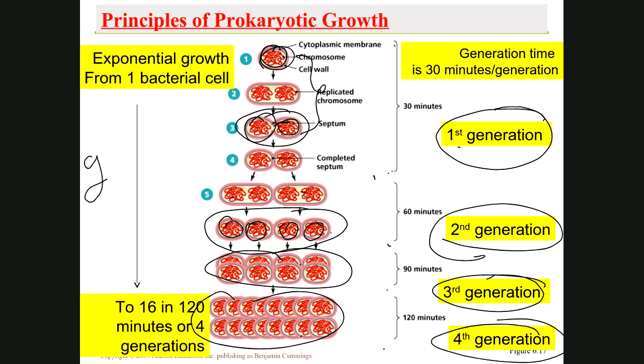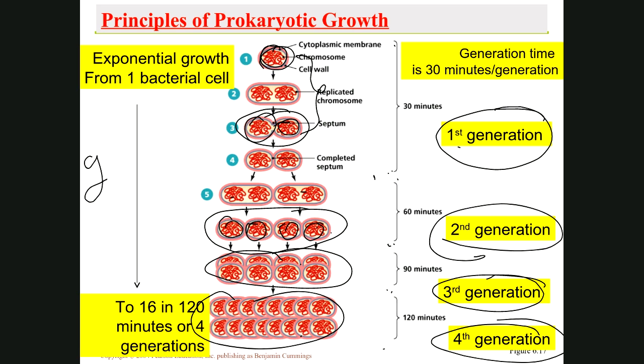So providing nothing changes in the population, the pH, the temperature, the level of nutrients, provided all of that stays the same, the generation time remains constant in the population. In this example, the generation time is 30 minutes per generation. Every 30 minutes, the population doubles in numbers.